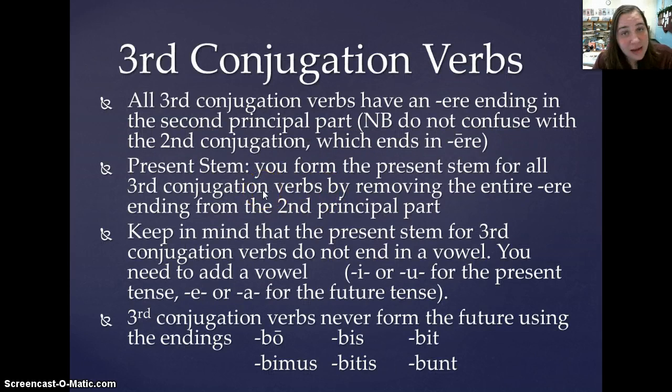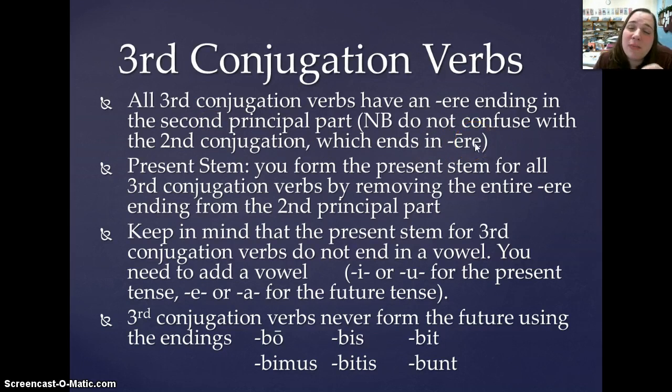First, how do you know a verb is third conjugation? You know it's third conjugation because it ends in ERE, E with no macron, in its second principal part. Nota bene, do not confuse third conjugation verbs with second conjugation verbs, which have an E with the macron and then RE in their second principal part.